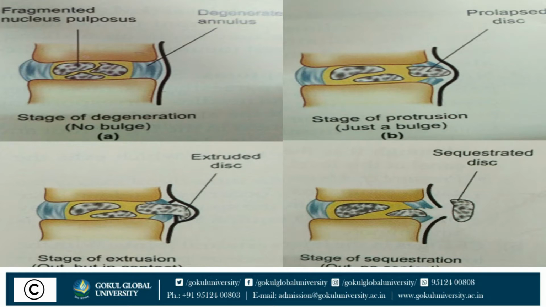The posterior longitudinal ligament is not strong enough to prevent the nucleus from protruding further. The extruded disc may lose its contact with the parent disc, when it is called a sequestrated disc. The sequestrated disc may come to lie behind the posterior longitudinal ligament or may become a free fragment in the canal.